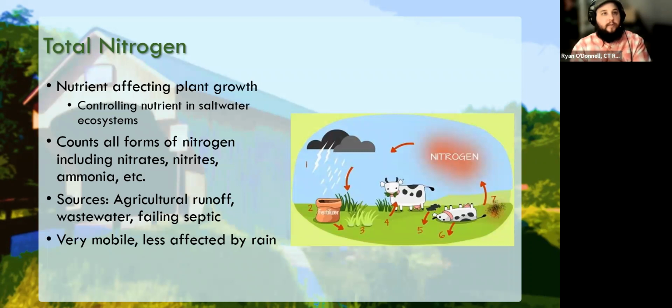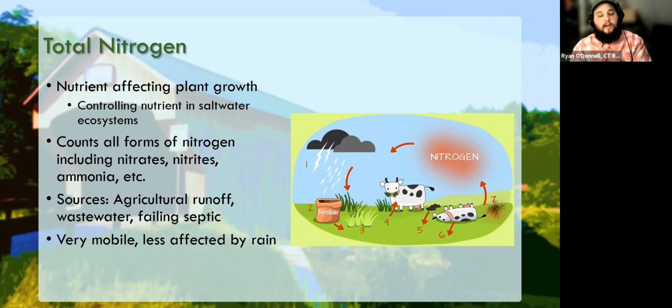The next parameter is total nitrogen. Here we have a cartoon about the nitrogen cycle in our environment. Nitrogen is a nutrient that affects plant growth. It is the controlling nutrient in saltwater ecosystems.